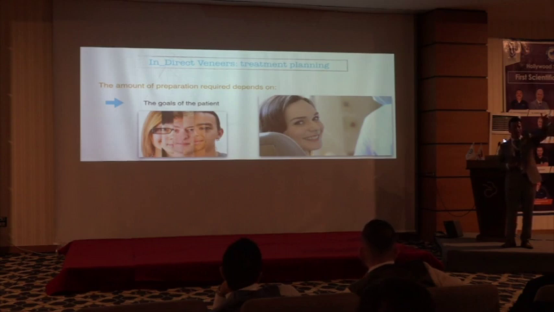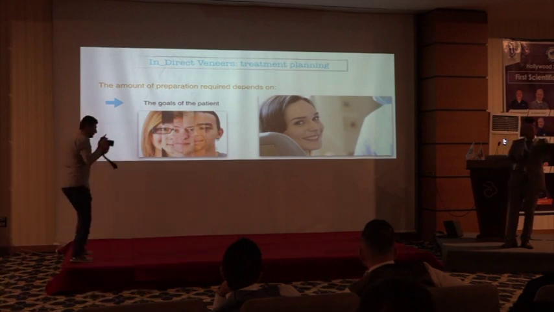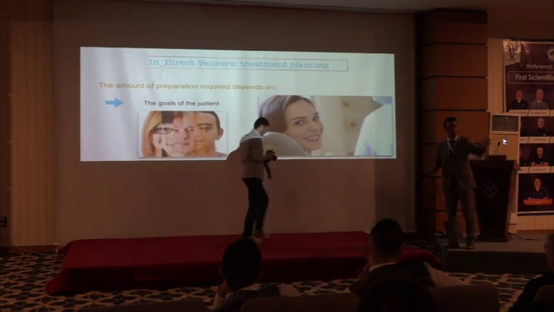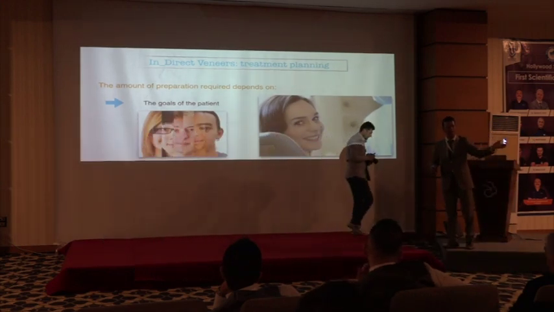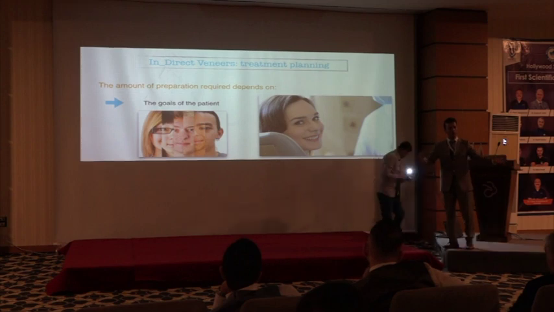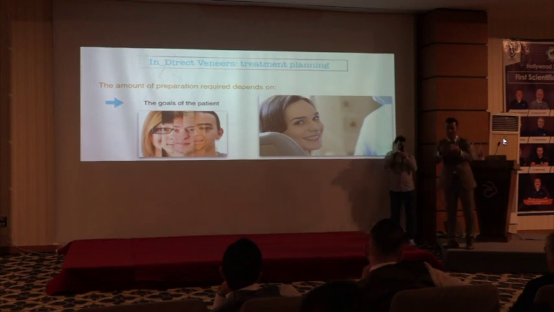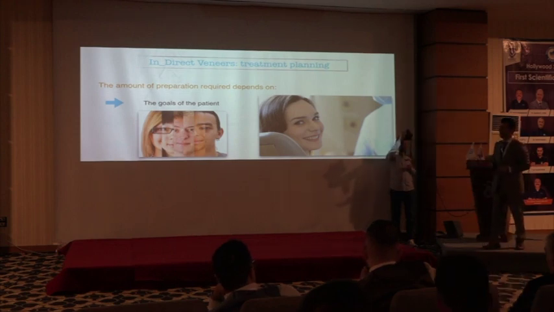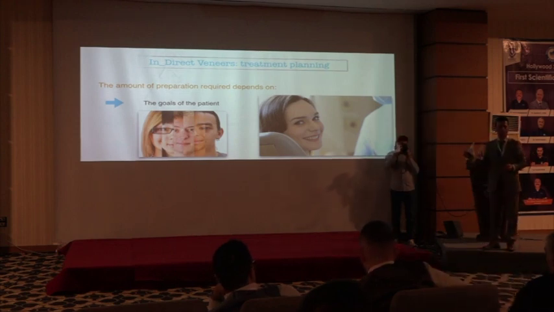Position, if it's minor, sometimes it could be. But the others could be mainly handled with direct or indirect veneers. But the goals of the patient should be realistic, and they should be coordinated with what? With her case or his case.